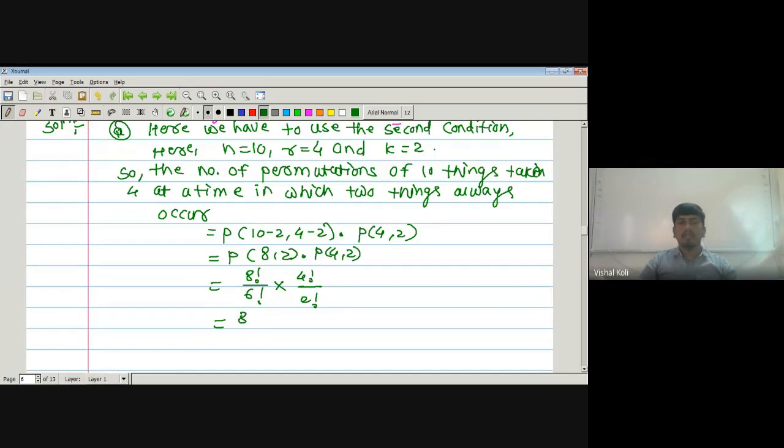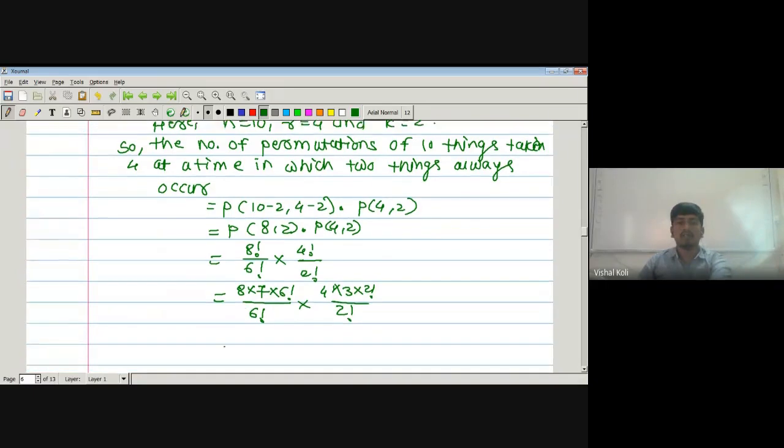Now this can be written as 8 factorial is nothing but 8 into 7 into 6 factorial divided by 6 factorial into 4 into 3 into 2 factorial divided by 2 factorial.